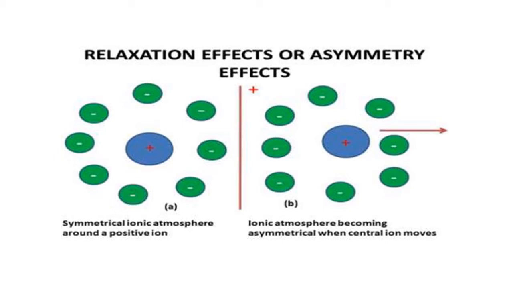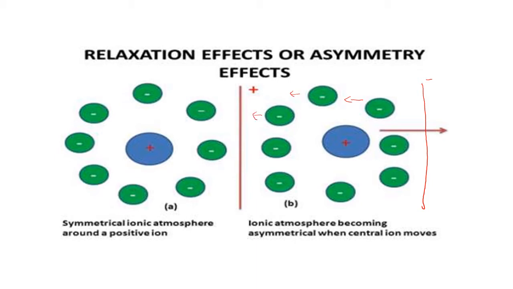But if you apply an electric field, what happens is the central positive ion migrates towards the cathode and the anions migrate towards the anode.